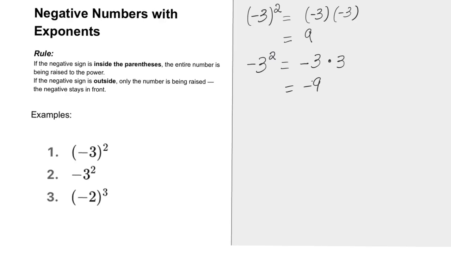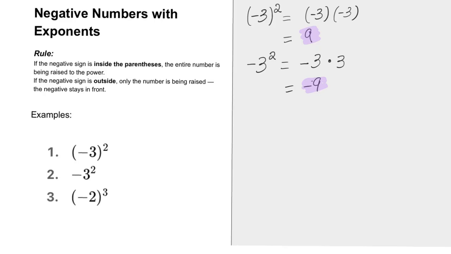Okay, so those two are two different things. As you can see, we're getting two different answers. So make sure when you are writing a negative number, and if you know it's a negative base, you need to put it inside the parentheses in order to raise it to a power.